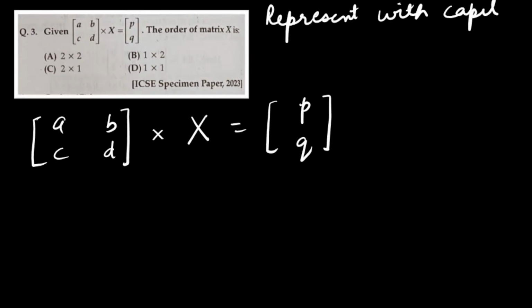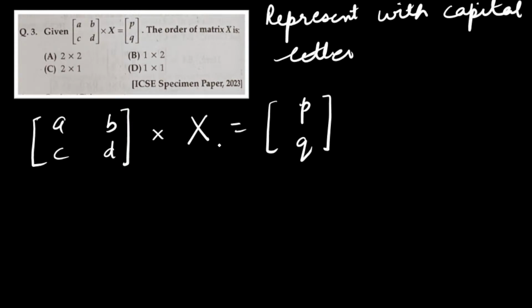Let's do the next question. In the next question, one matrix A, B, C, D is given to us in general. It is getting multiplied with another matrix and its answer is P, Q. See, you always have to remember, we always represent a matrix with a capital letter.